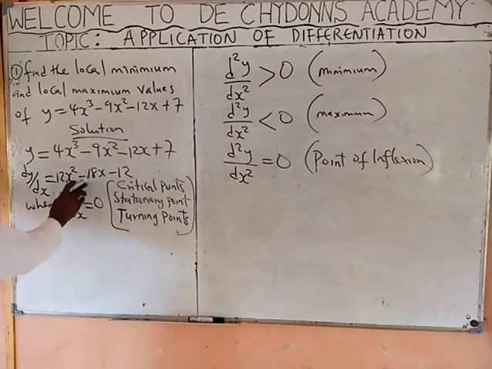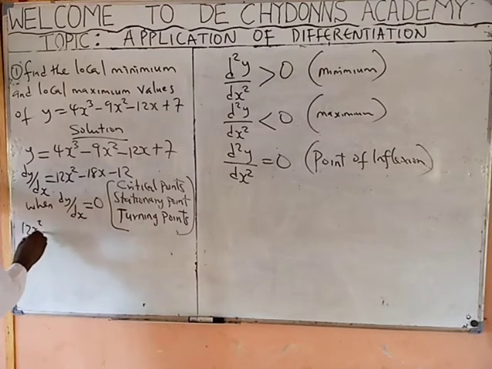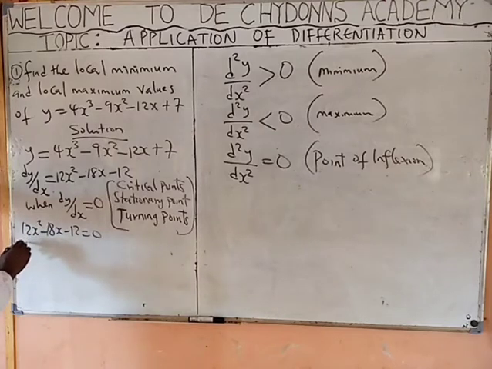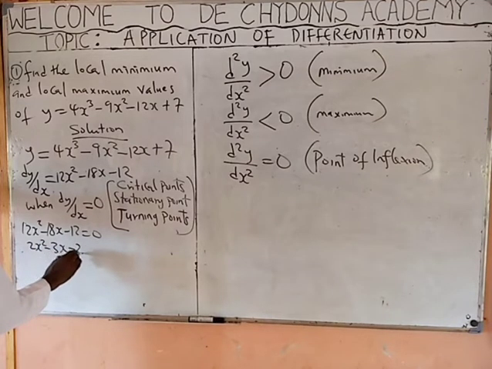So now we equate this to 0: 12x squared minus 18x minus 12 equals 0. 6 can go through; dividing by 6 to reduce this equation, we have 2x squared minus 3x minus 2 equals 0.